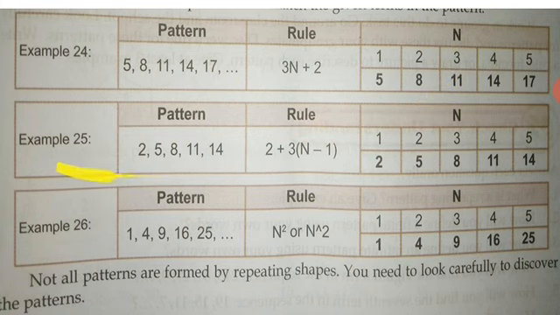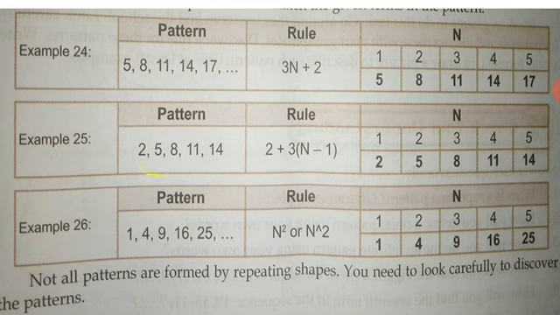Next, example number 25: 2, 5, 8, 11, 14. Again, this one is increasing by 3. So how can we write the solution of this one?